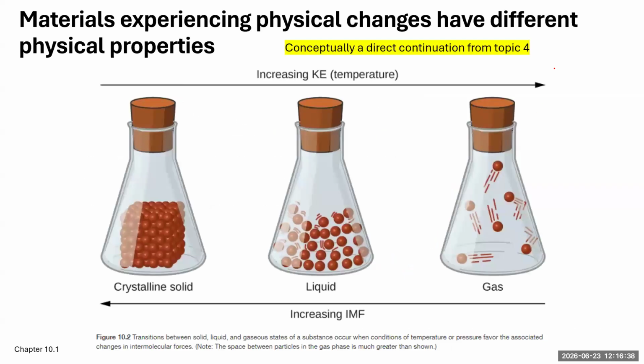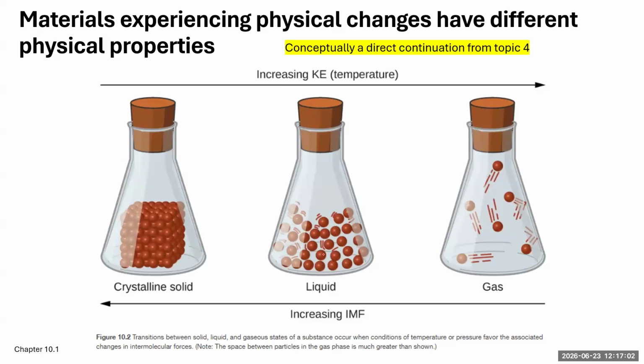All right. So conceptually, this is a direct continuation from topic 4. Topic 5 was nomenclature. We had to learn how to name things. And then topic 6 was like learning how to do math and stuff. And then we're going back to this to jump into this. So materials experiencing physical changes will have different physical properties.